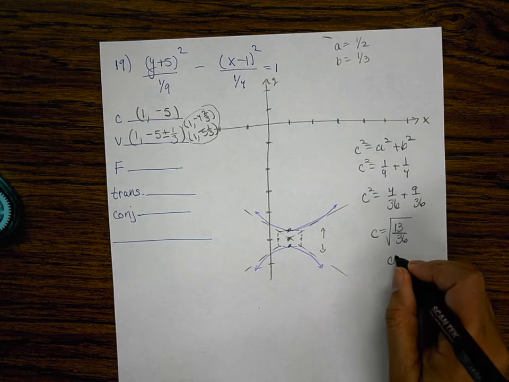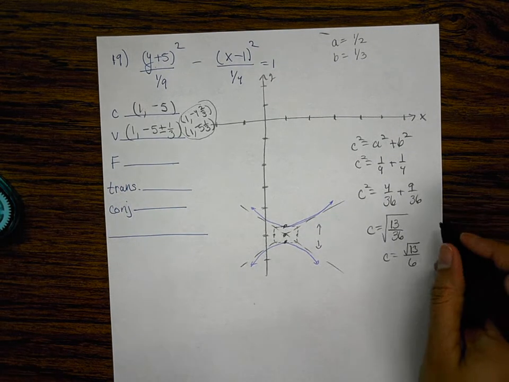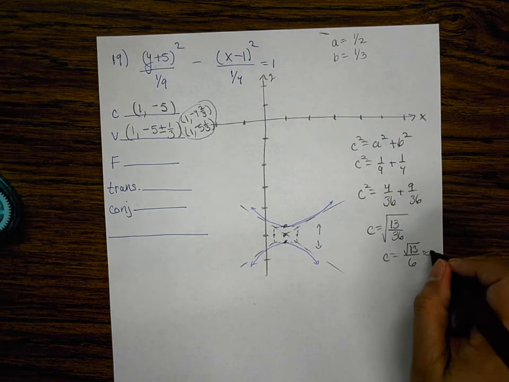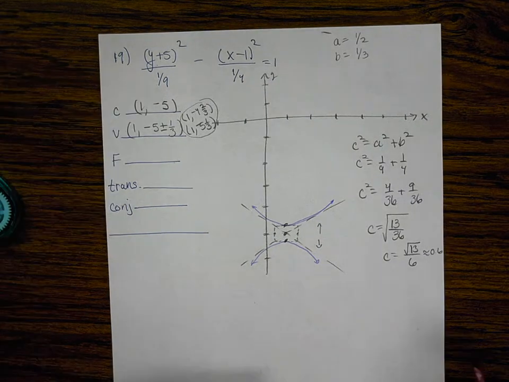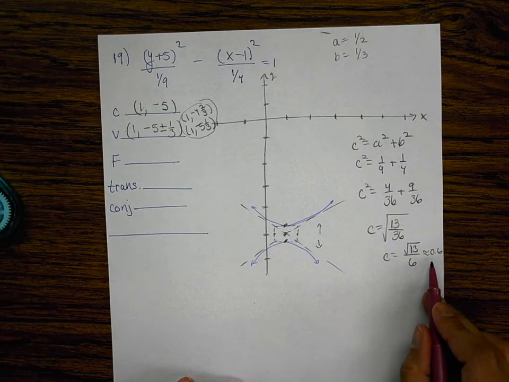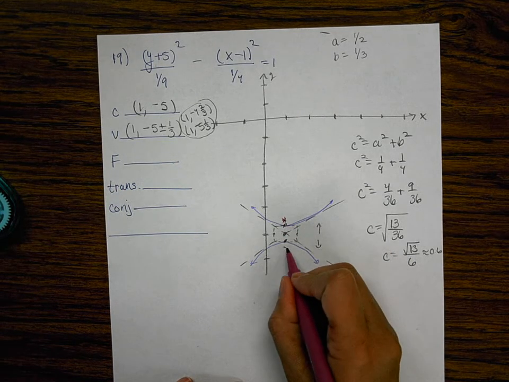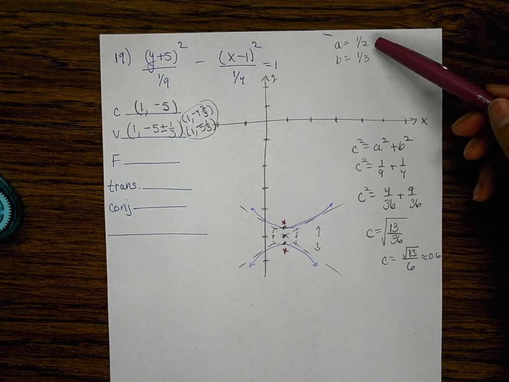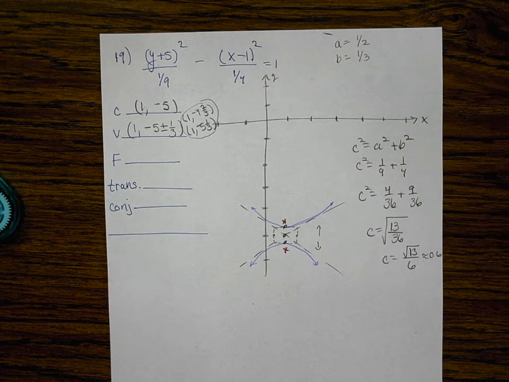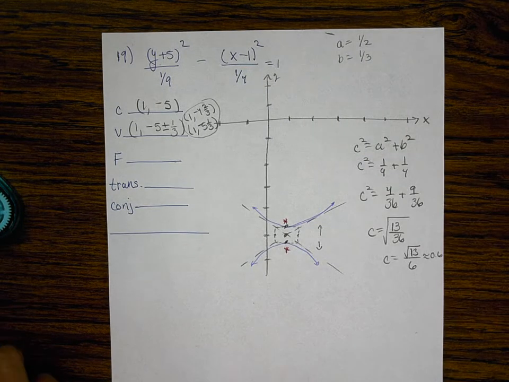So c equals root 13 over 6, which is approximately 0.6. So I'm going to go up and down because y is first, up and down 0.6. And I originally went up and down 1/2, which is 0.5, and 0.6 is slightly bigger, so that's why I'm inside the cups, outside of the box shape.